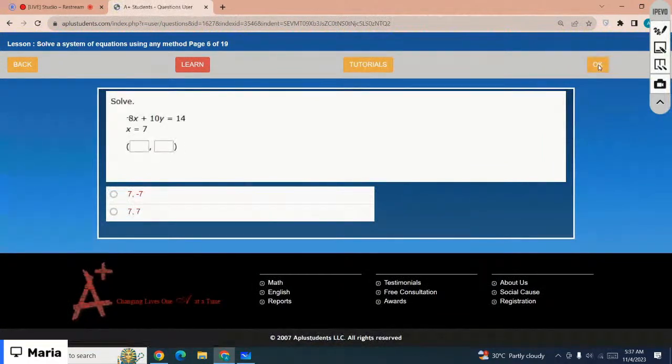Okay, negative 8x plus 10y equals 14 and x equals 7. So which is the correct option?